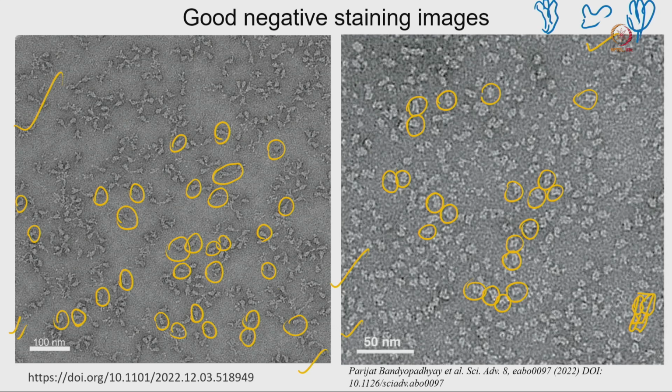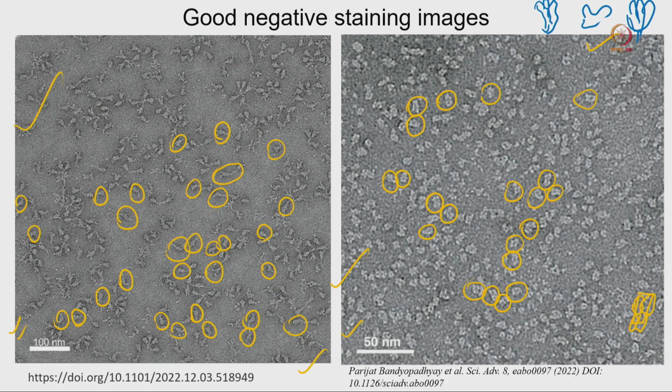Now, in this particular condition, I want to add one more important point. What we discussed here for the negative stain, the most important part is that we have a staining solution, and the staining solution is a heavy metal stain.